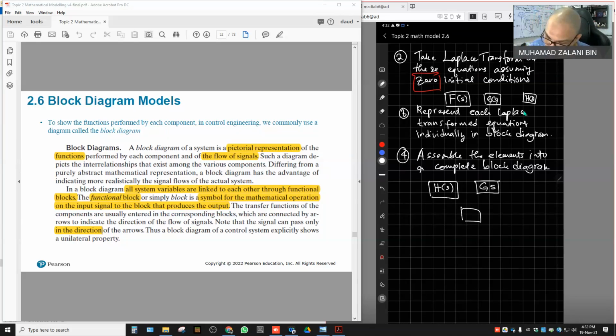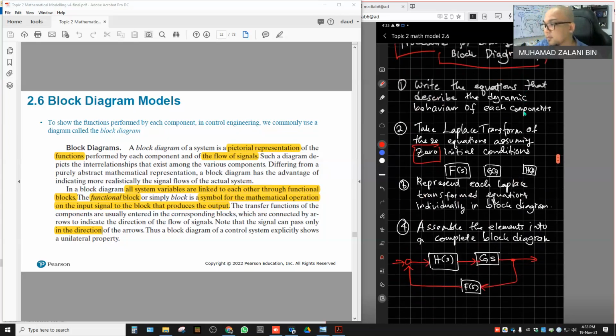And then I have the Fs that represents the sensor. Then we connect everything with the summing point here, using the signals that show the flow of the process. So this is the control system process that we want to achieve when we design a system.